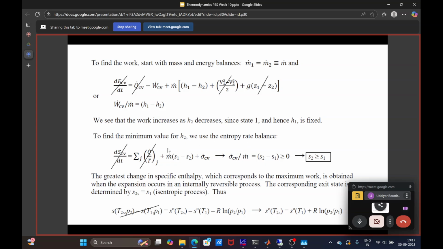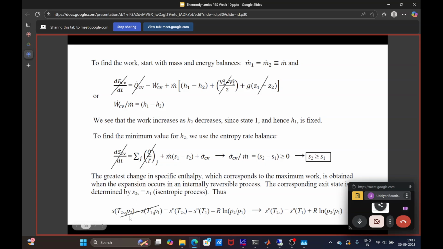So we get m(s1 minus s2) plus sigma_CV equals 0. So entropy generated per m is s2 minus s1, and we get maximum work only when the entropy change is 0, so s2 minus s1 is 0, or s2 equals s1. The process happens when s2 is greater than s1, but the maximum work is generated when s2 equals s1. That's what we want.